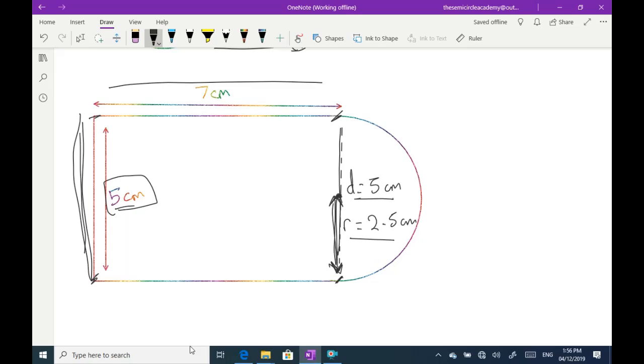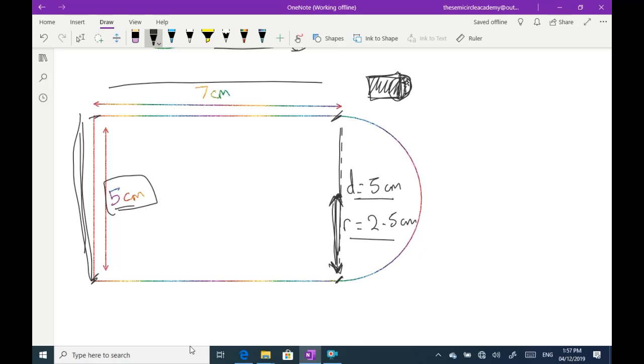So once I have these things, I could see that we have a rectangle here, and then a semicircle on this side here, and the rectangle over here, right? So what we would need to do is find the area of the rectangle and then add it to the area of the semicircle.